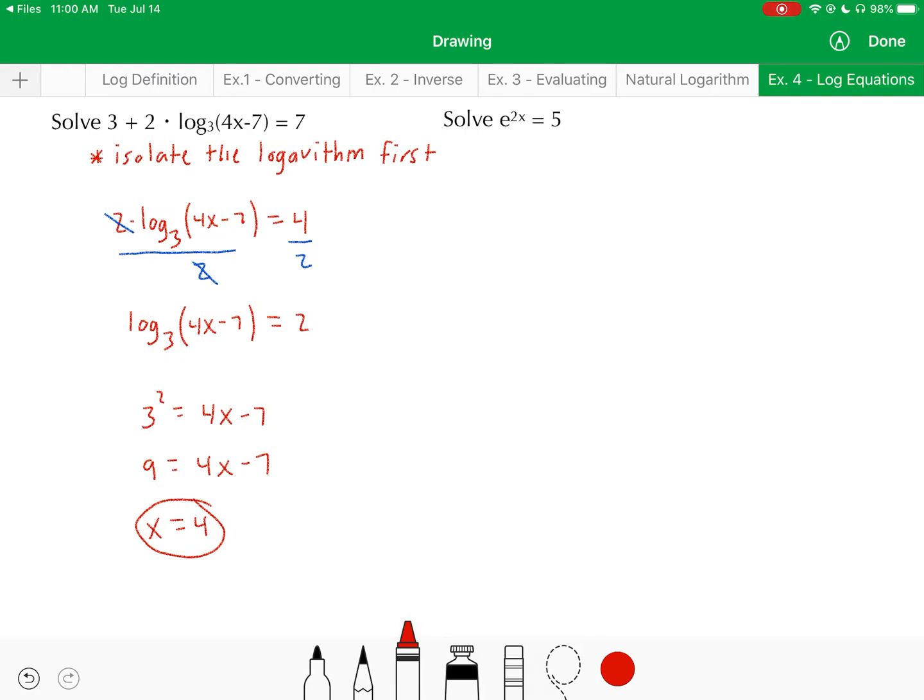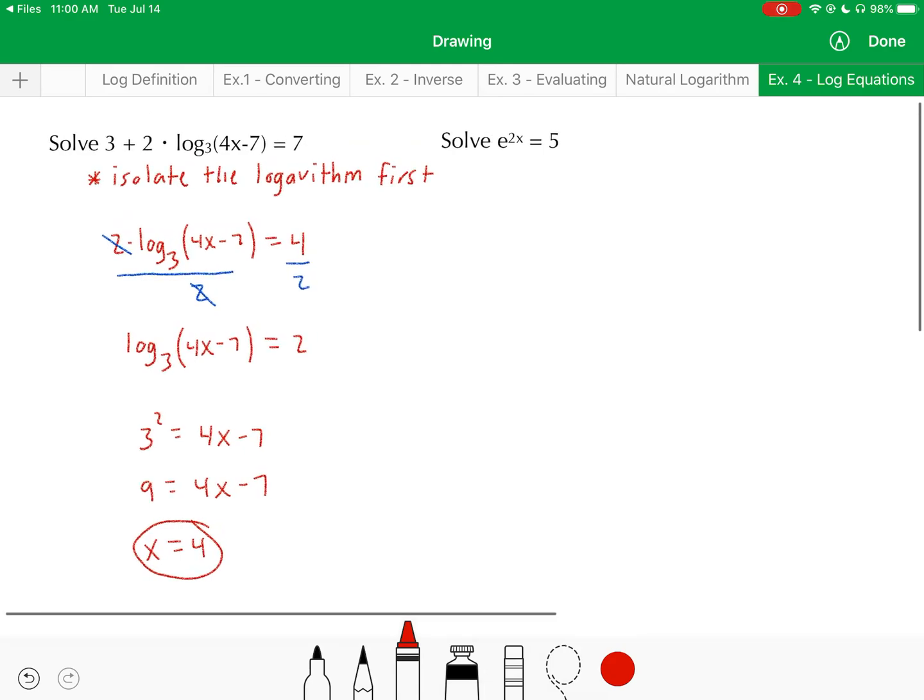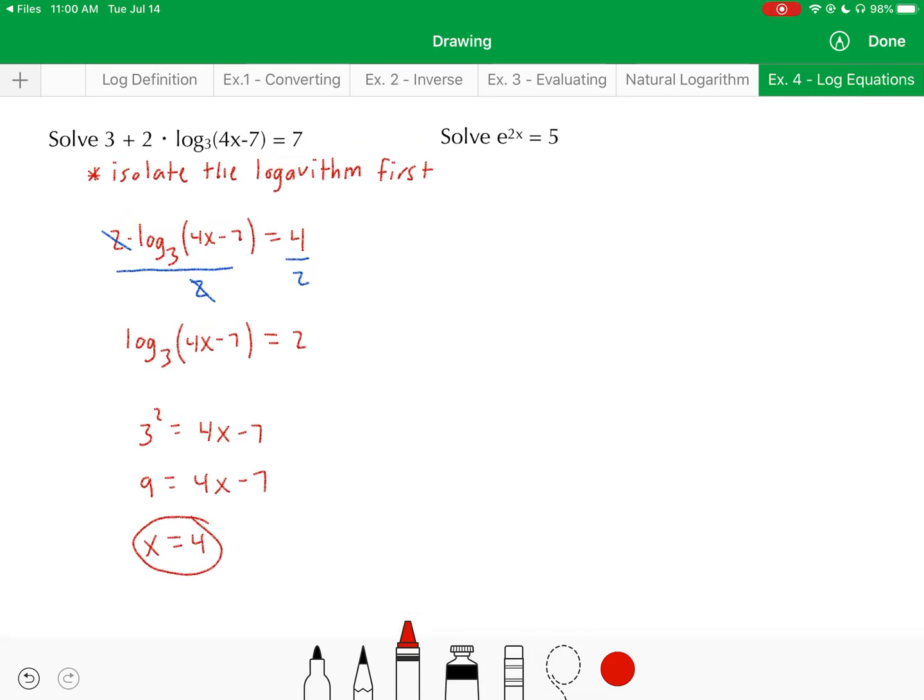All right, now the next equation is an exponential equation that you're trying to solve. e to the power of 2x is equal to 5. With it being exponential, I'm really limited in what I can do to solve for that exponent involving x.